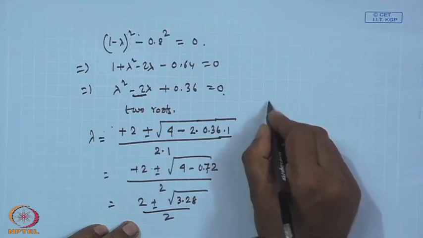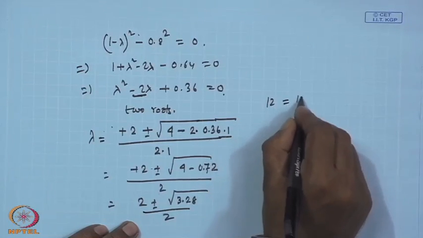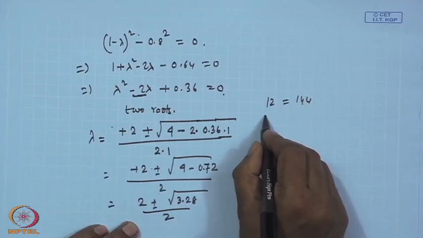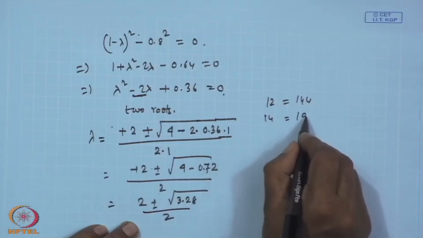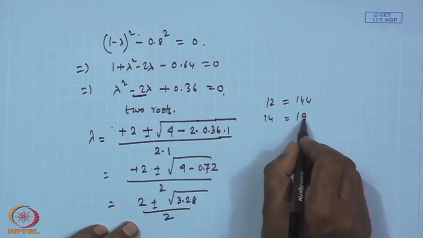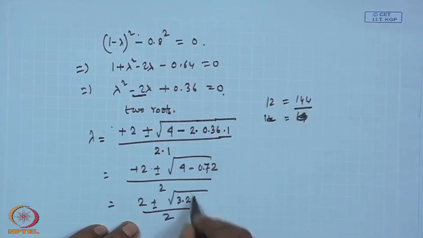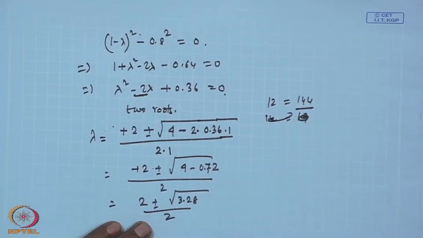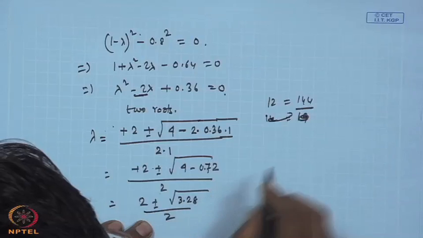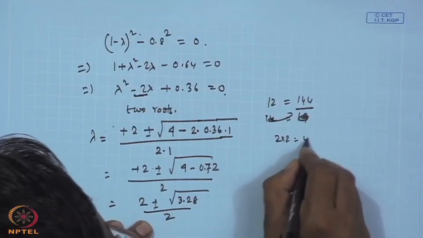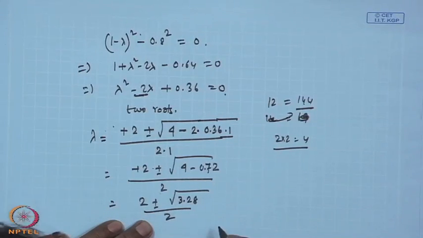So, what will be the square root? It is not 12, it will be less than 2.